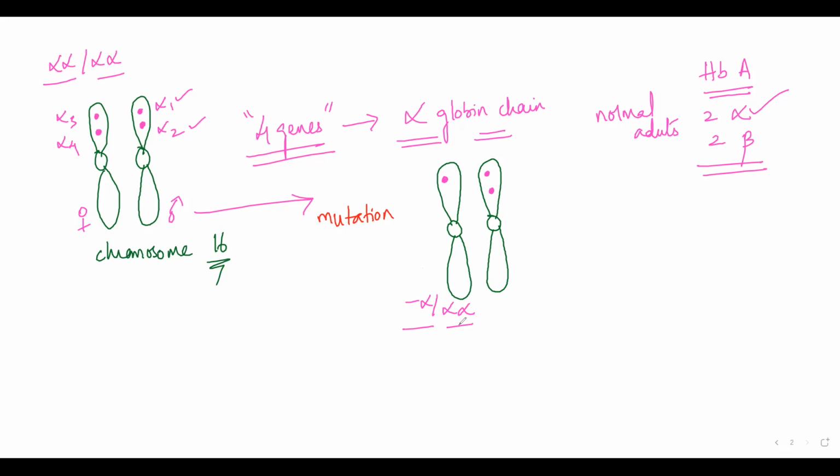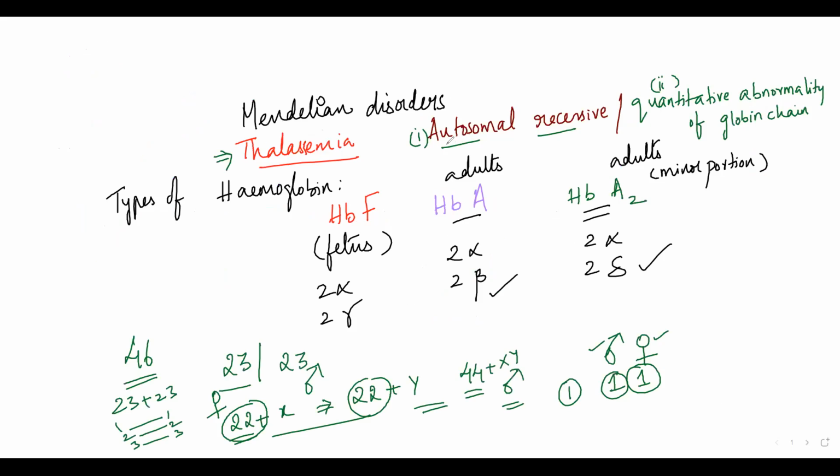Only 3 are left over, right? So here you can see this person, remember that in an autosomal recessive disorder, a person has to carry a diseased gene on both the chromosomes, both the autosomes. Only then is the person going to be diseased.